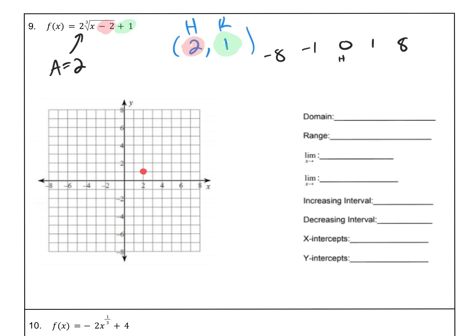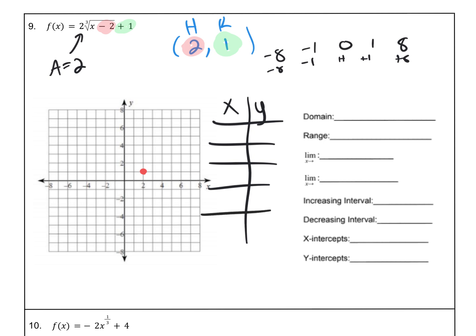And then to get our x values that get us the perfect cubes, all we're going to have to do is add 1 to h, subtract 1 from h, add 8 to h, and subtract 8 from h, right? So if we were making our t-chart, instead of trying to plug it all in, we can just do some simple little addition and subtraction.